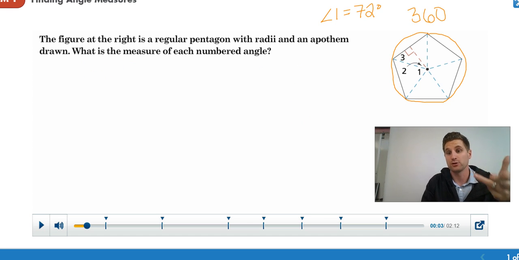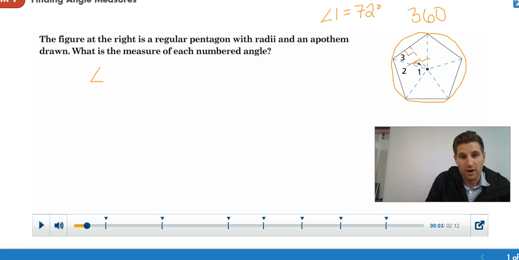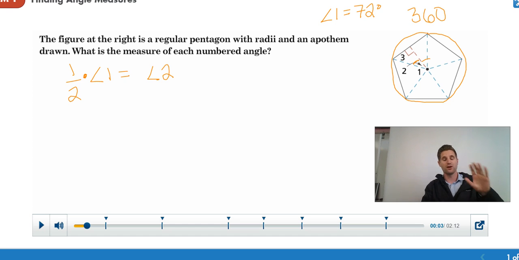Next, we want to find angle 2. To find angle 2, this breaks our angle in half. So we're going to take angle 1, and it's not technically equal to angle 2. It is equal to half of angle 2. So if I take angle 1 divided by 2, I get angle 2.